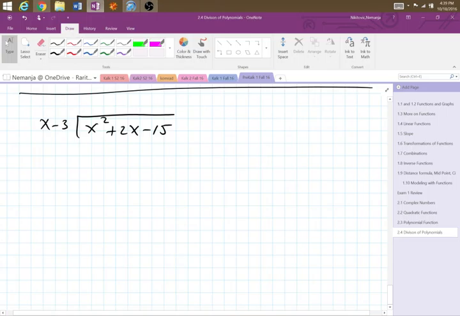It's a factor. And then 3 is a root or a 0. So this is what we are going to need for next class a lot. So this kind of skill.